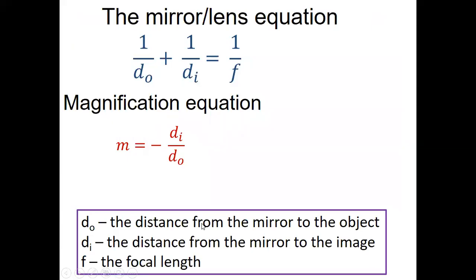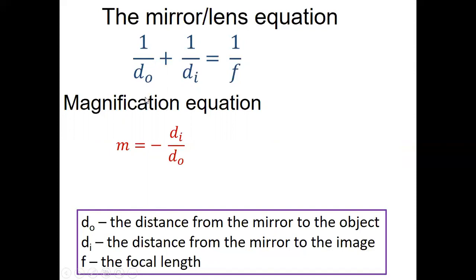All right, so in the lab manual, you will be seeing two equations. The first one looks like that. A lot of notations, but you don't need to be scared of this one. This equation is called the mirror and lens equation. Let's understand what these notations represent. 1 over d_o is the distance from the mirror or from the lens to the object.